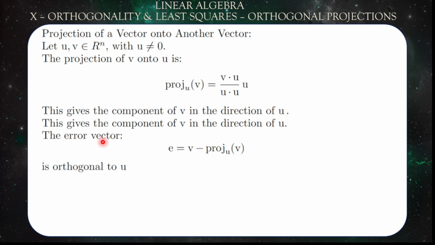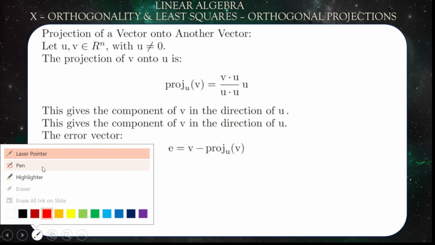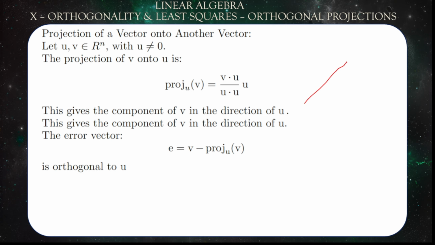The error vector, another concept, e equal v minus the projection of v onto u, is orthogonal to u. Now, to give you a visualization, let's say this is the v vector and this is the u vector. What does the projection mean? This is what v's value would be when v is projected onto u.